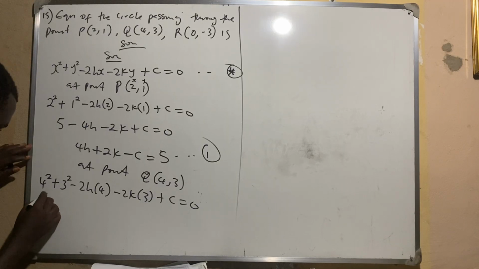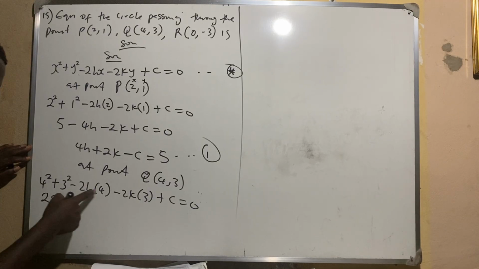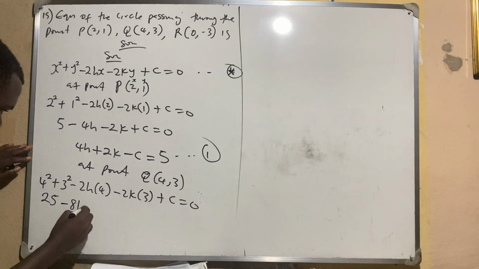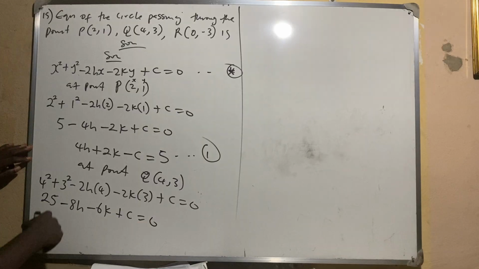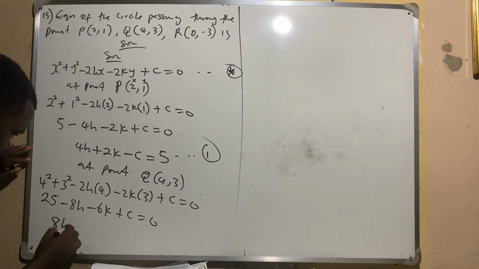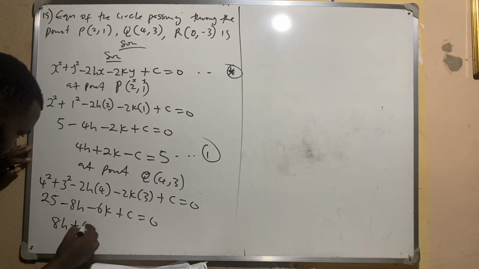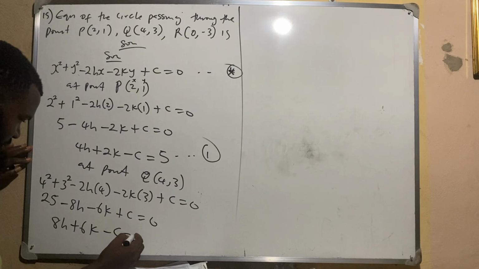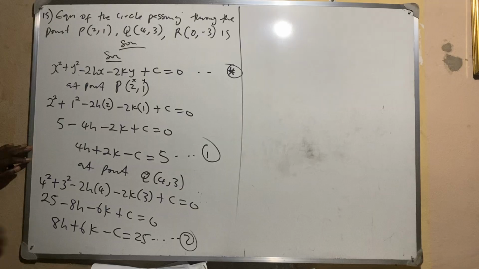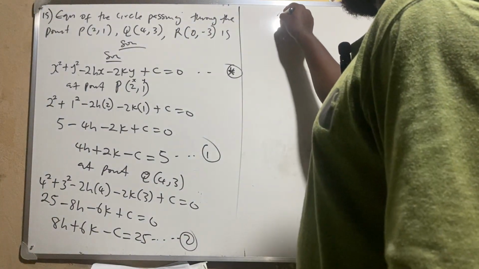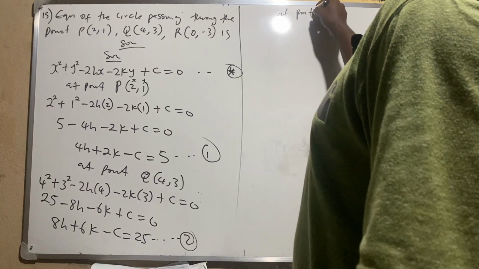So I'm going to have 25 here, then I'm having minus 8h minus 6k plus c is equal to 0. So moving everybody here, I'm going to have 8h plus 6k minus c is equal to what? 25. Equation 2.